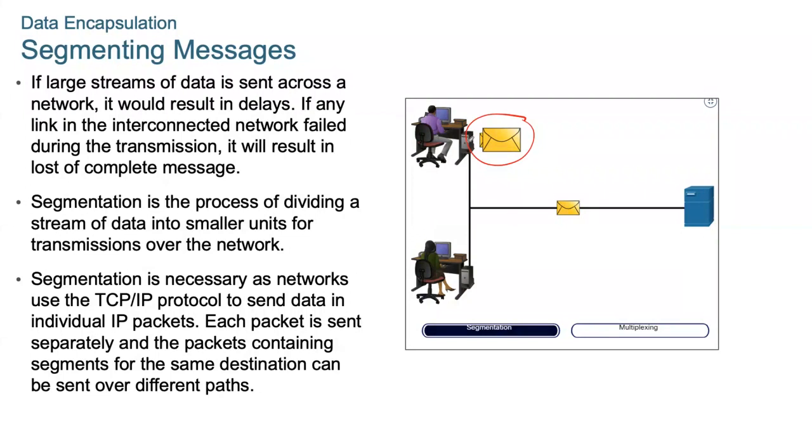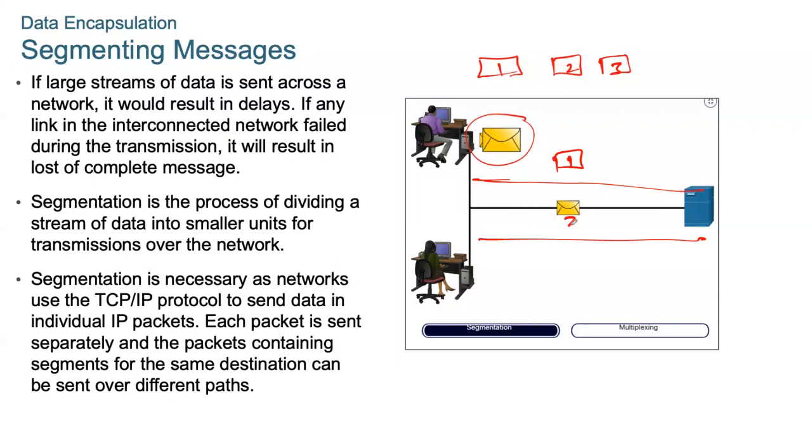If the message is divided into, let us assume, three pieces, piece 1, piece 2 and piece 3, and if different paths exist, then piece 1 can be sent through one path, piece 2 through another path, and piece 3 through another path to the destination side.